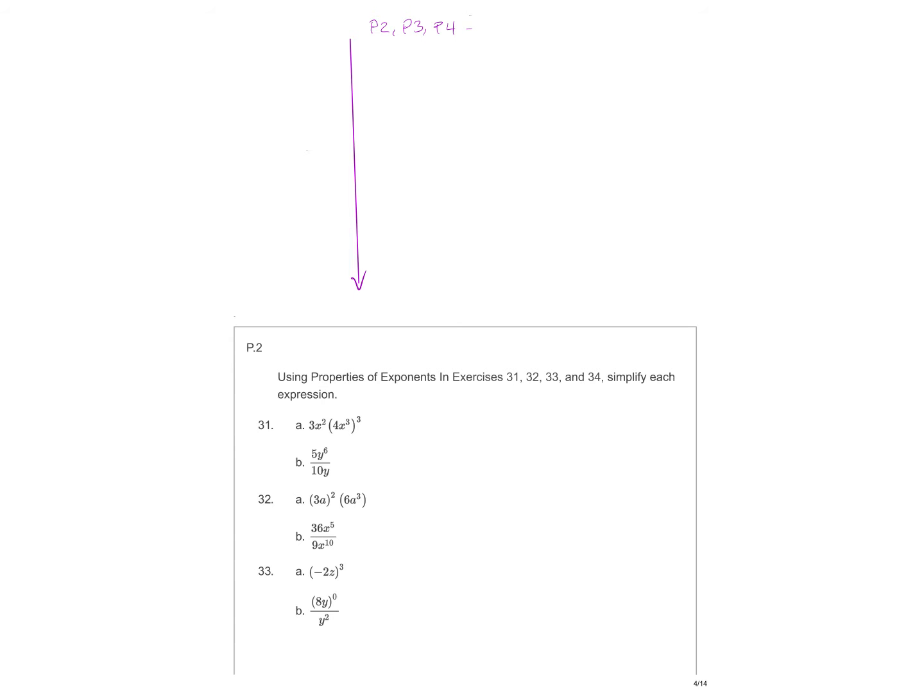So again, the best way to be successful on the test in this class is to do a lot of practice because you need speed. So 16 questions. I'm not sure exactly how long we're going to give you for it, but 16 questions for the test on Tuesday. So what I can do here is I can work through this.